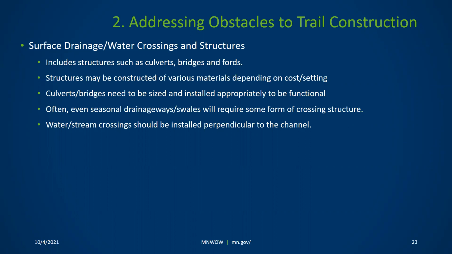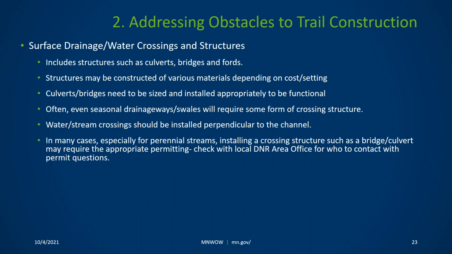If not, you're going to overtop your trail, and that's ultimately going to result in failure. They need to be installed correctly. You should approach the crossing perpendicular to the channel. In many cases, especially for perennial streams, you may need a permit, especially if it's public waters. So you should consult with the DNR, your area hydrologist. If you have questions, you can look up your closest DNR area office and inquire there.